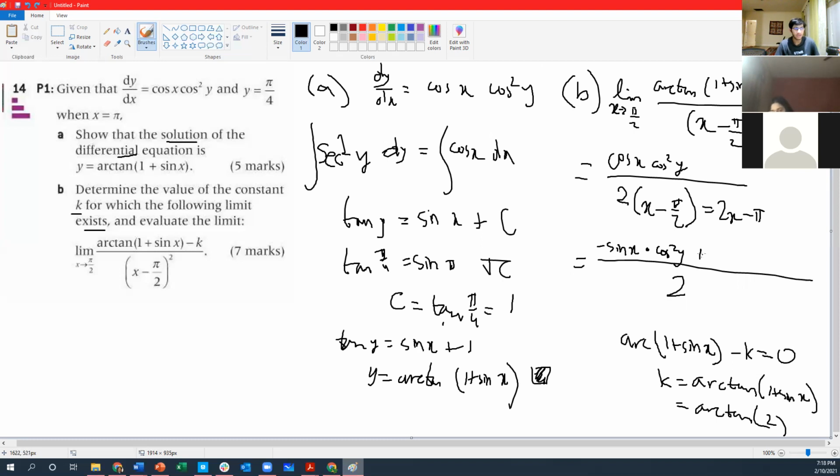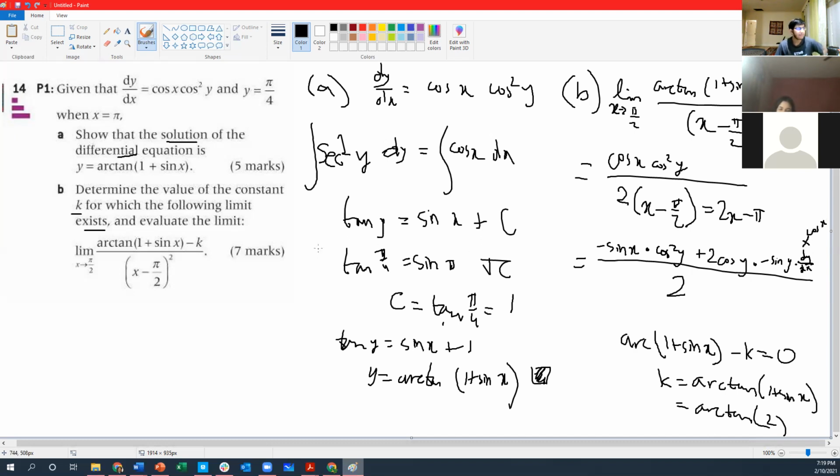So this will be plus 2 cos y times the derivative of cos y, which is minus sine y, times dy dx, because we have to differentiate y with respect to x. And then we have to multiply times cos x.